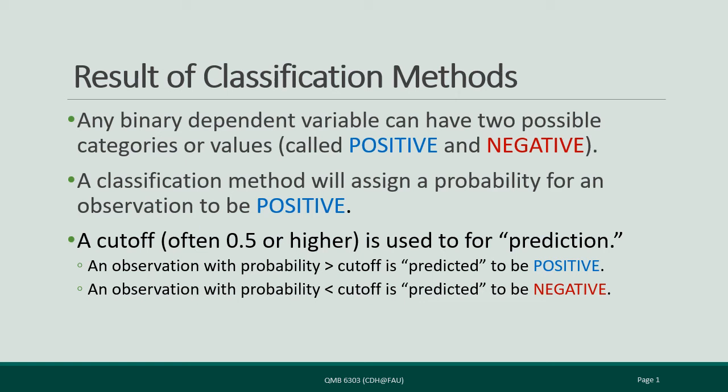So before we get into the details of specific classification methods, let's spend a little bit of time talking about the characteristics of classification, and in particular, how to interpret the results, and also how we evaluate the accuracy of a particular method.